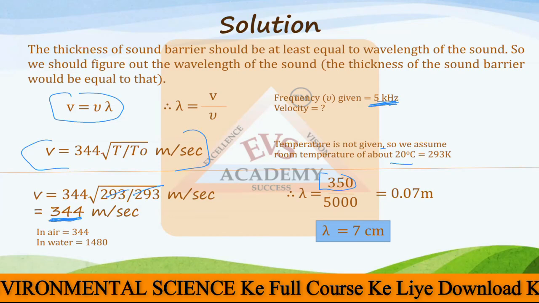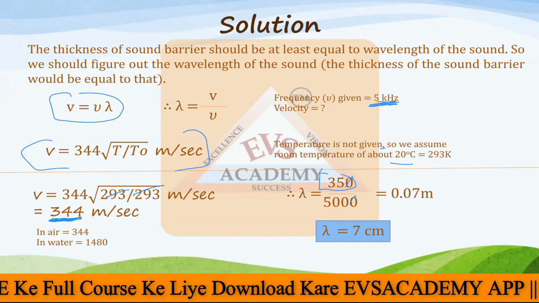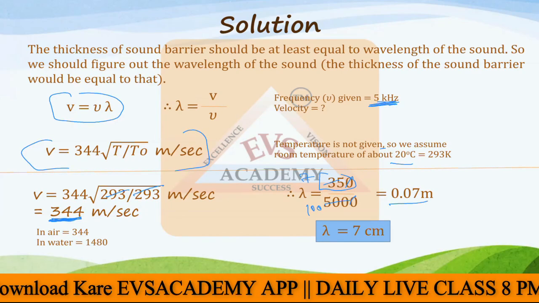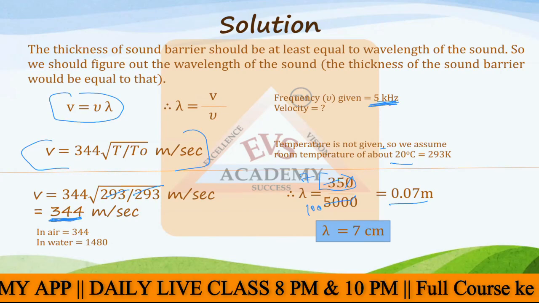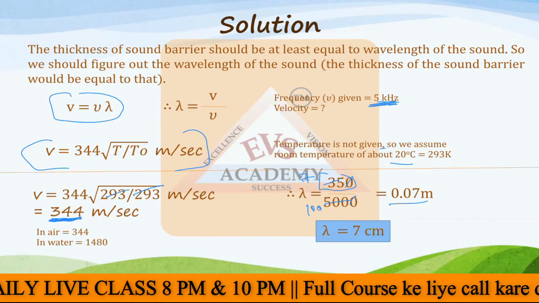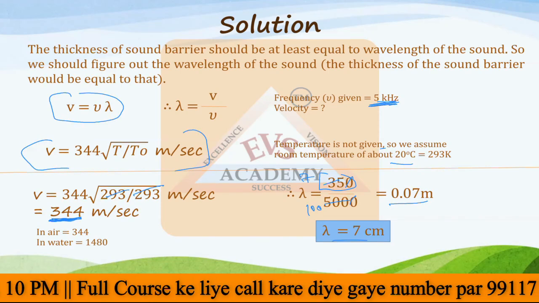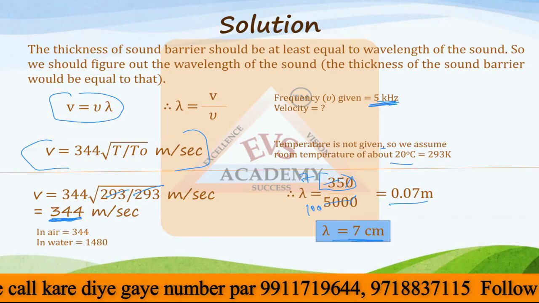So 5000 you have to divide. The zeros cancel, and this is 35 divided by 500. This would be 7 over 100. This is 0.07 meter, or I can say 7 centimeter. 7 centimeter of wall can easily attenuate this wavelength of the sound wave. That is the meaning of this particular solution.